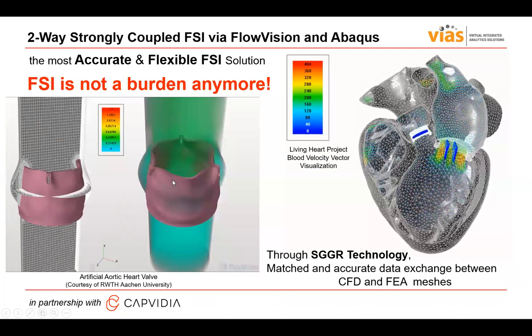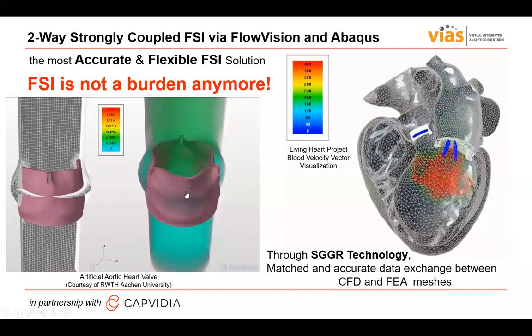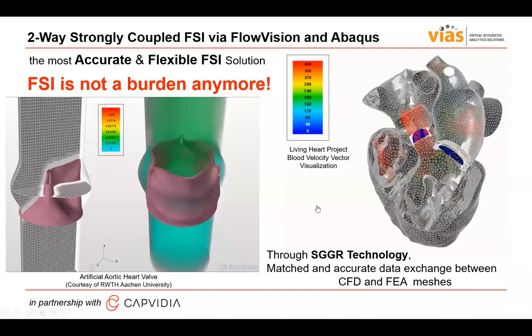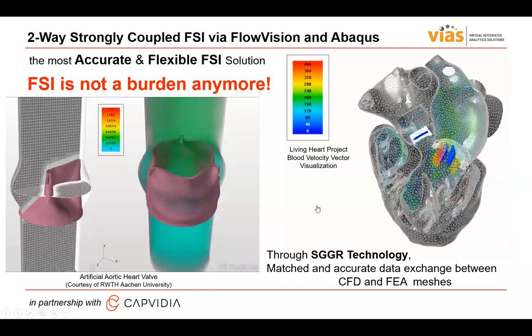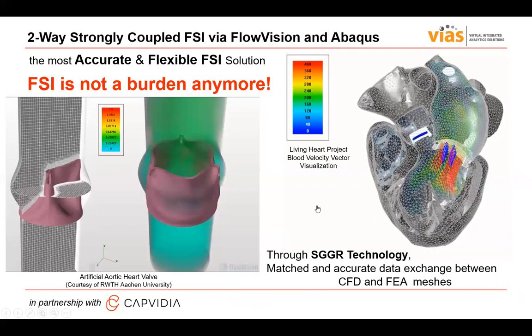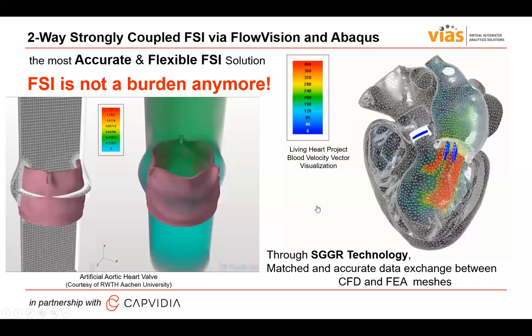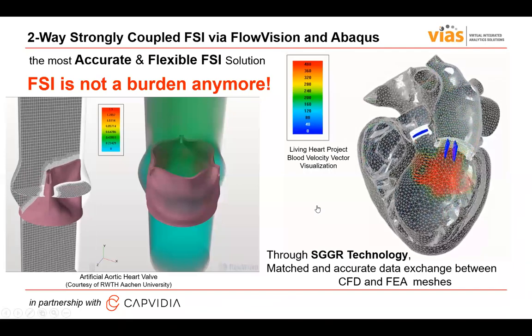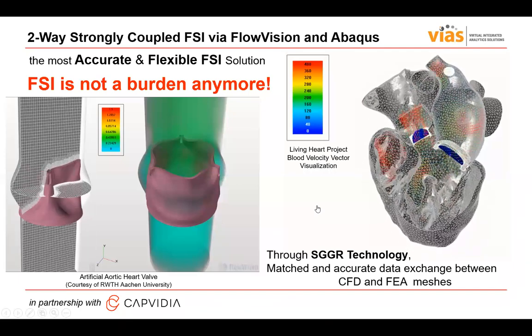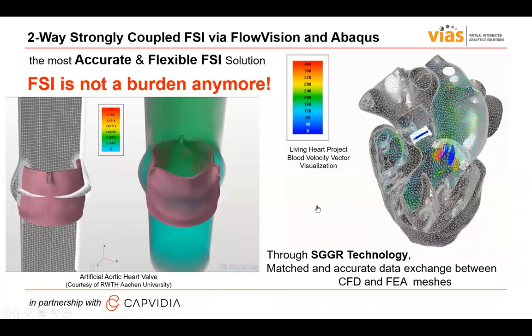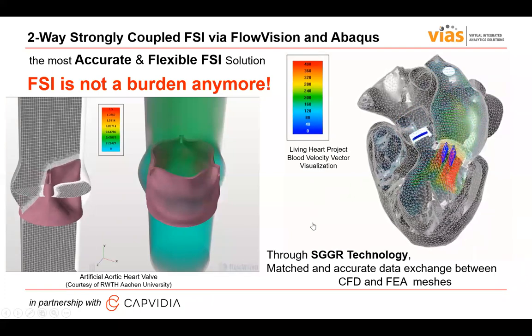This is also a two-way strongly coupled fluid structure interaction case, where the leaflets of the valve are touching each other, and at some instance the flow is completely not allowed to pass through the center of the valve.